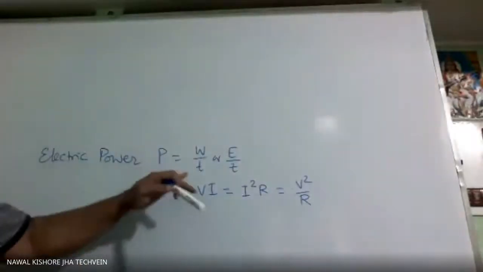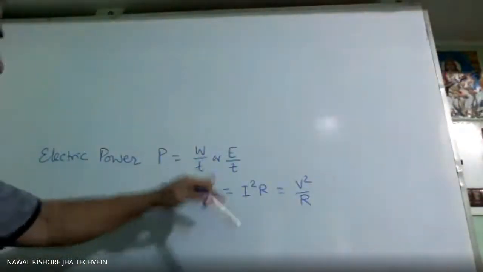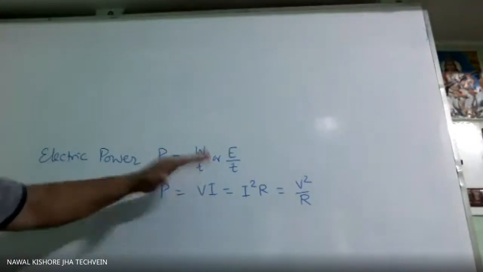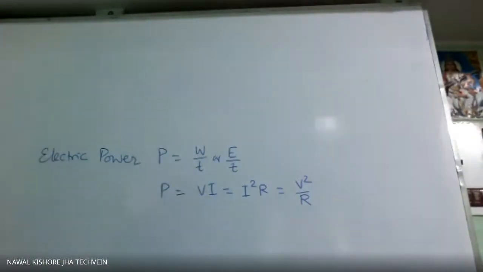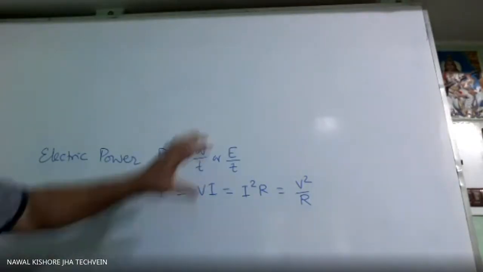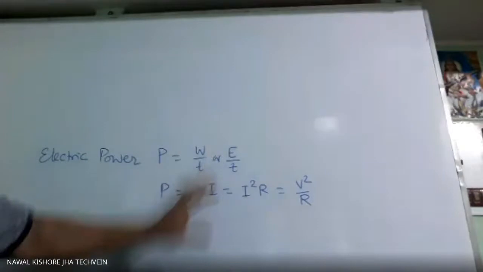So this is the rate of energy supplied by source, or it is the rate of energy consumed by the load. So power is same. Power of appliance, we always say how much energy is consumed.